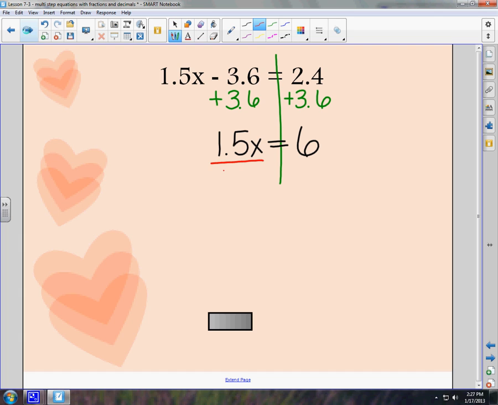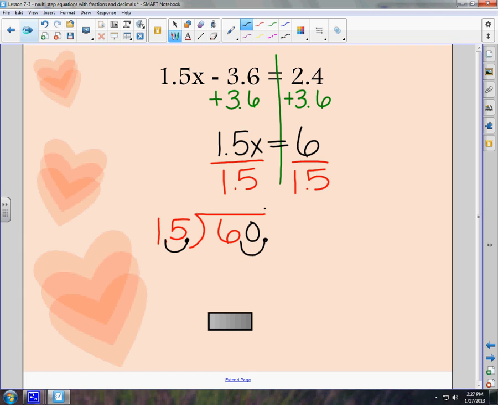I have to divide by 1.5. So if you remember how to divide decimals, I'm going to put 1.5 on the outside of my division bar and then 6 on the inside. If I move this decimal one spot, I have to move this decimal one spot.